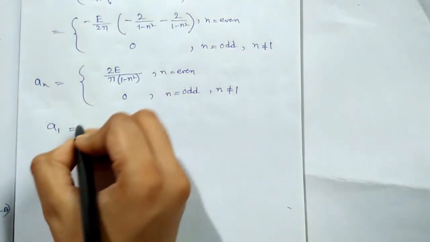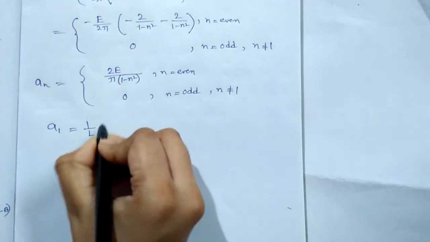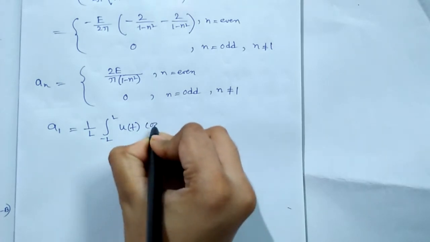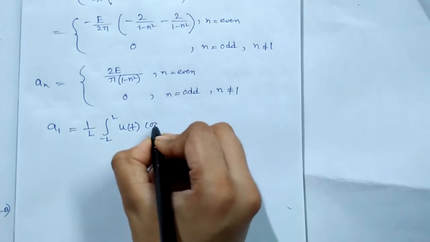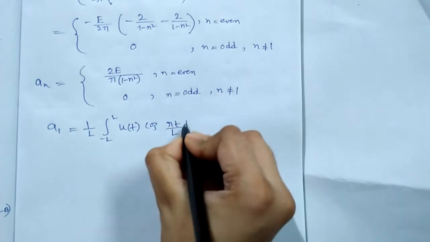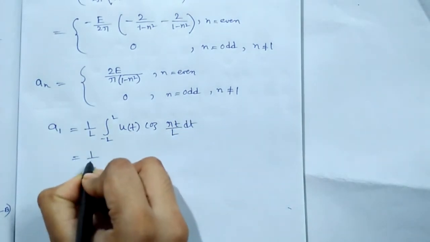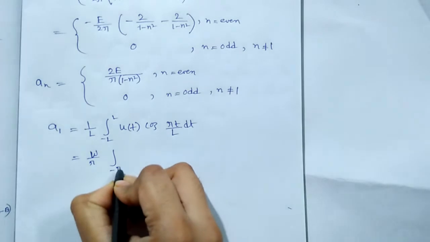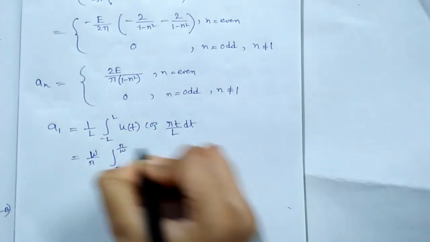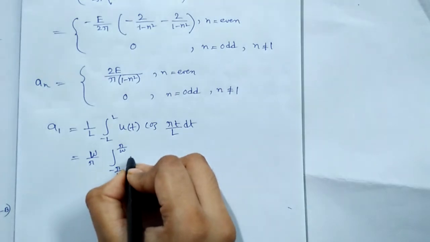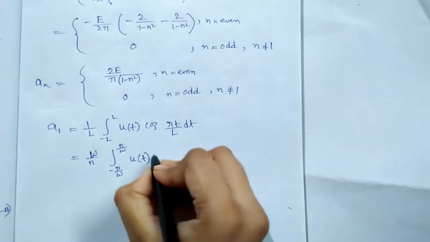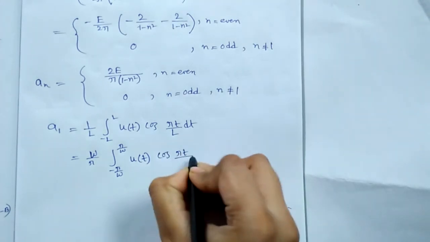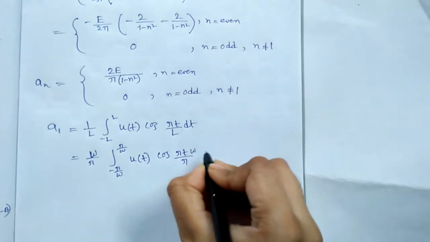Next, for a1: 1 by L integration from minus L to L of u(t) cos(n pi t by L) dt, and n is 1, so cos(pi t by L) dt. This is equal to 1 by pi by omega, that is omega by pi, integration from minus pi by omega to pi by omega of u(t) cos(pi t by pi by omega) dt.